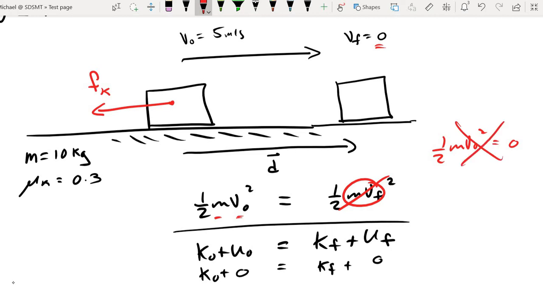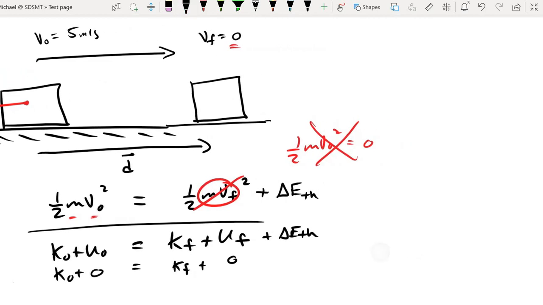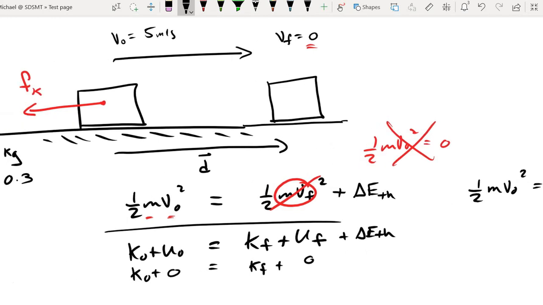Yet I have an expression that's set equal to 0, so something must be wrong. And the thing that's wrong is this. Because we have friction in the system, we now have to consider the fact that some amount of thermal energy has been generated. And now we can see how much thermal energy has been generated, because our equation, as it is, says that all the kinetic energy that we started with was lost due to friction.